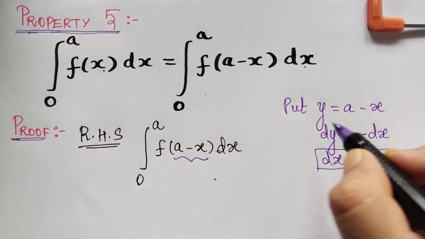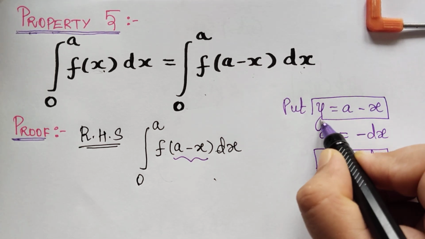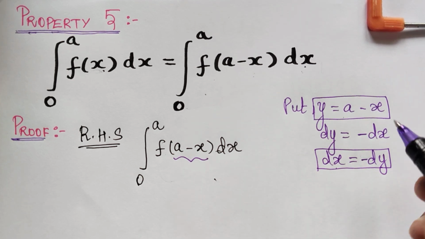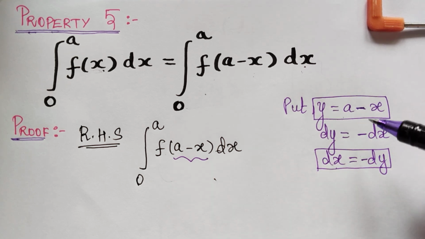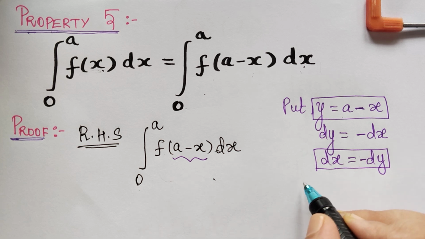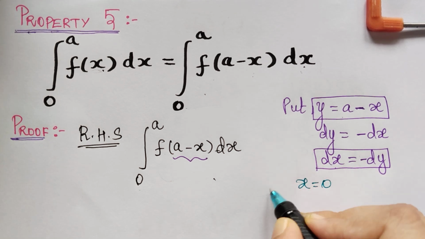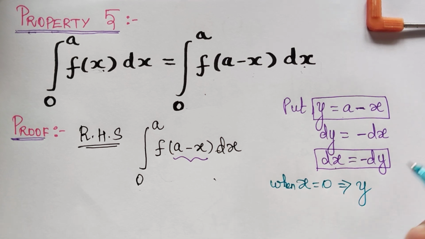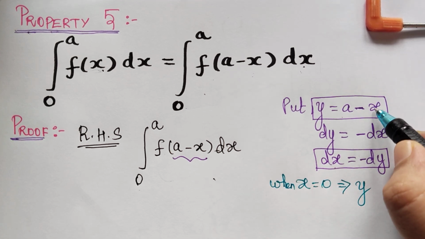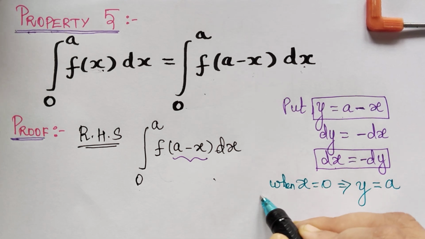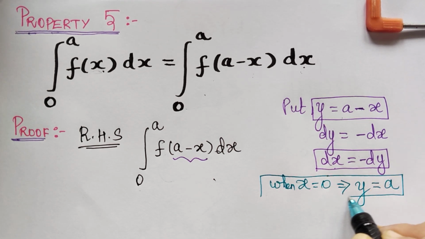So we made a substitution of a minus x as y, and we have obtained dx to be equal to minus dy. Also, whenever we make a substitution, we must make sure of the limits also. So if you see here, the lower limit is 0, which means that x is equal to 0. So when x is 0, what about y? So we have to put 0 over here. So if we put x as 0, we see that y is equal to a. So when x is 0, y is equal to a.